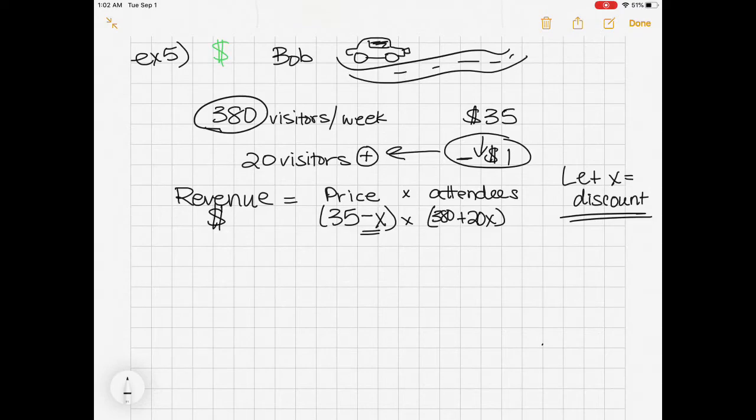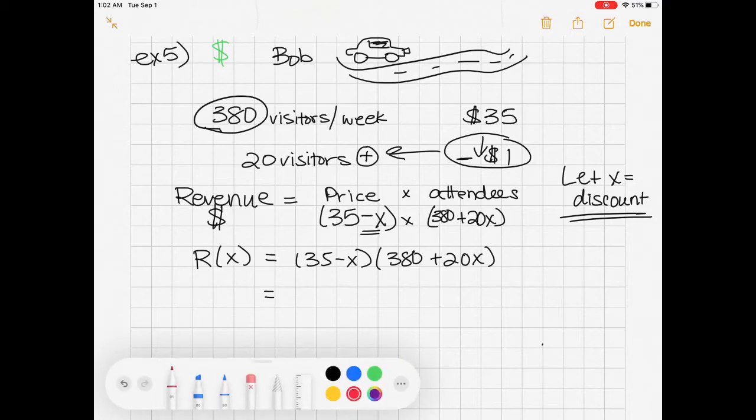So let's figure this out. Revenue, we'll call this a function R of X, where the price is 35 minus X. We're trying to figure out how to maximize it, and we're going to multiply it by 380 plus 20X. Let's do that math.